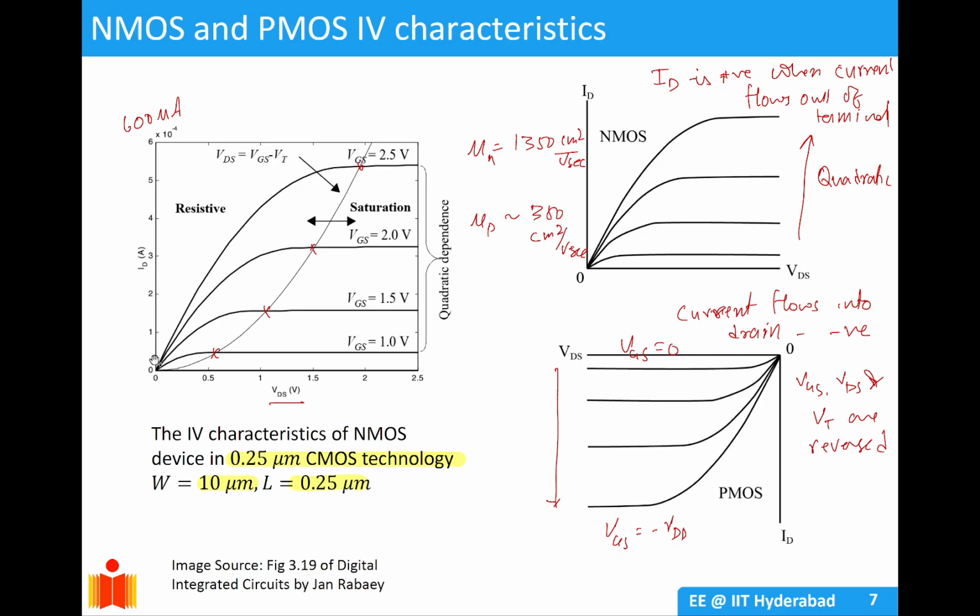As you can see here, the values are not directly jumping from your linear to saturation region. There's a transition between linear and saturation where the current is non-linear, and that is a much more realistic picture compared to a direct jump from linear to saturation.